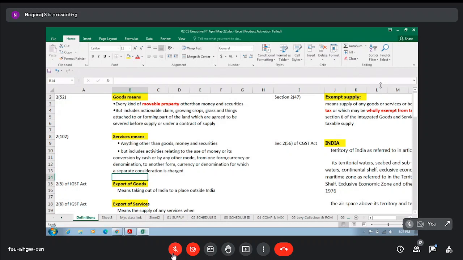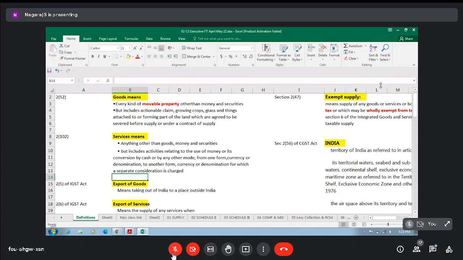If he says 75 rupees per dollar, you will tell him I have $1,000. You will get 75,000. For which he will tell you, if I give you 75,000, I will take 1,000 rupees as commission. You will say yes, okay. He will give 74,000 and keep 1,000. That 1,000, whatever he is charging for the conversion from one currency to another currency or one denomination to another denomination, that commission part is service, that is taxable to GST.